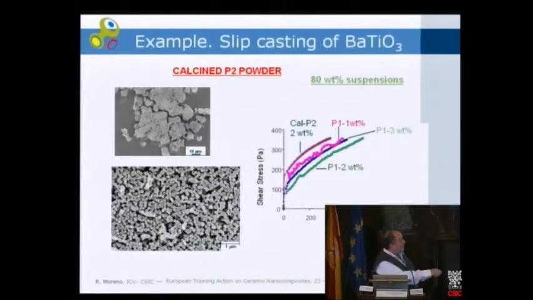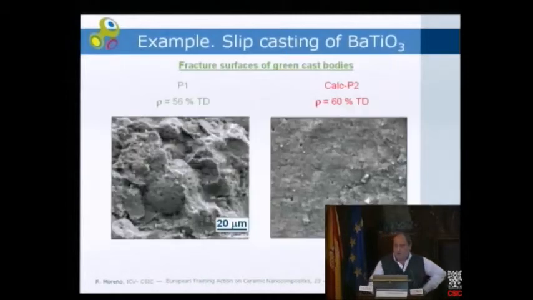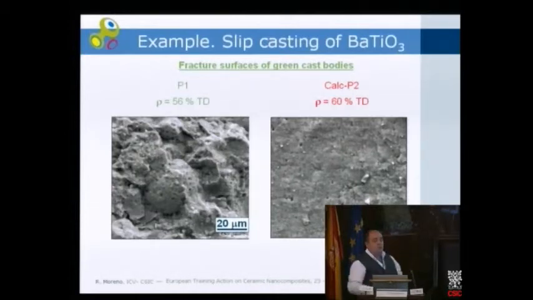In this case, with the calcined powder, we have viscosities reasonable for casting and comparable to those obtained with powder P1. However, when cast, we maintain the defects we had in the starting powder, like those granules we observed in powder P1. Although the green densities are not so bad, they are 60%.